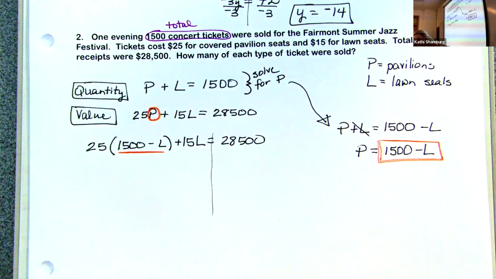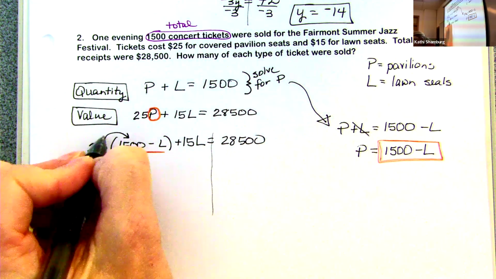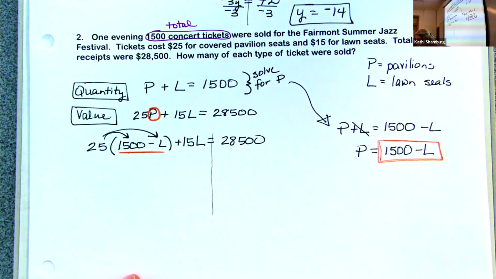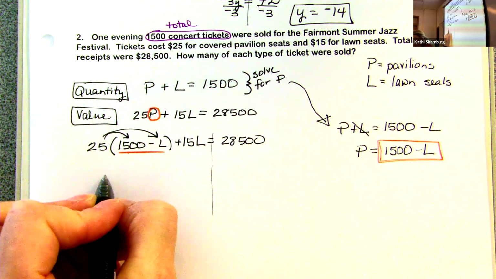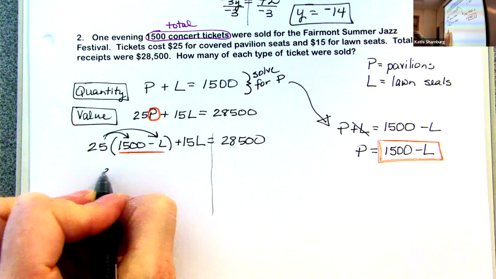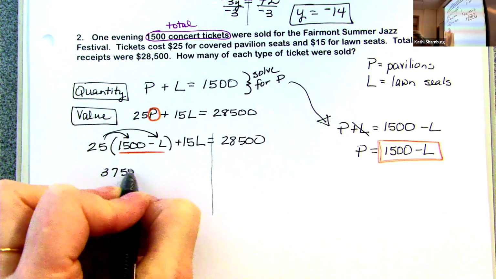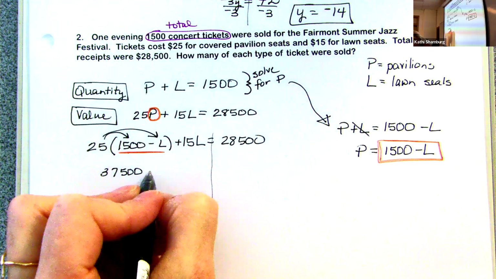All right. Distribute first. We're going to get a big number. What's 25 times 1,500? 37,500. Is that what you said? Okay, thank you.